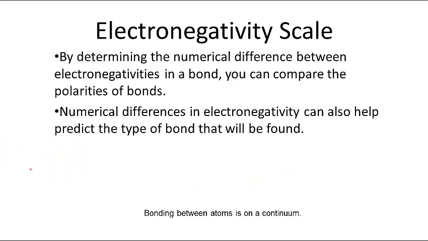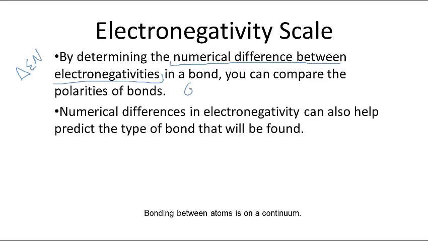Okay. By determining the numerical difference between electronegativities in the bond, you can compare polarities. So what we're looking to do here is, this is a fancy way of saying difference in electronegativities. Going to use the delta.